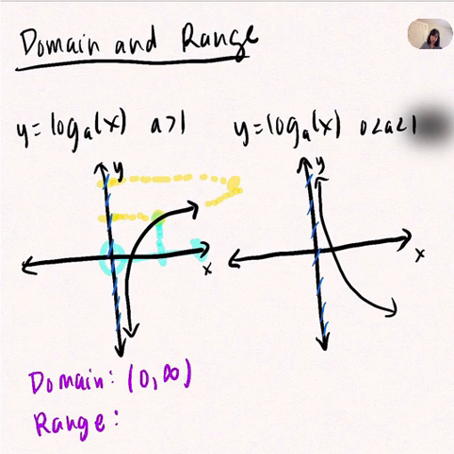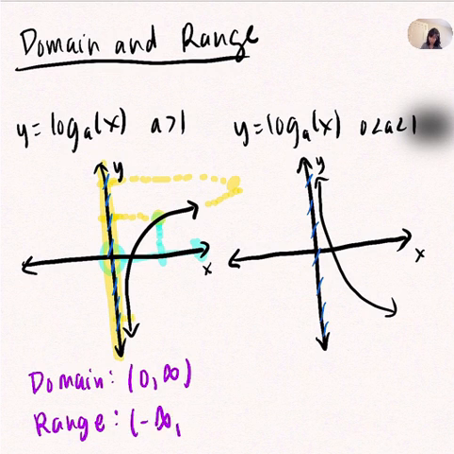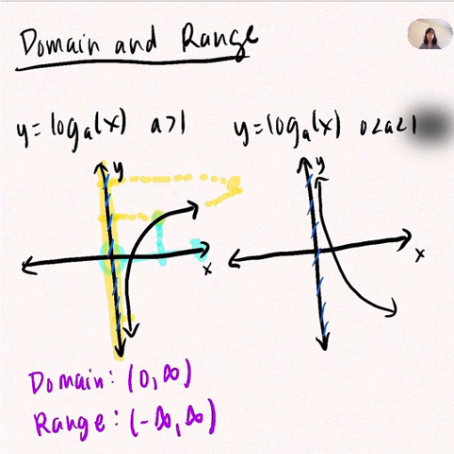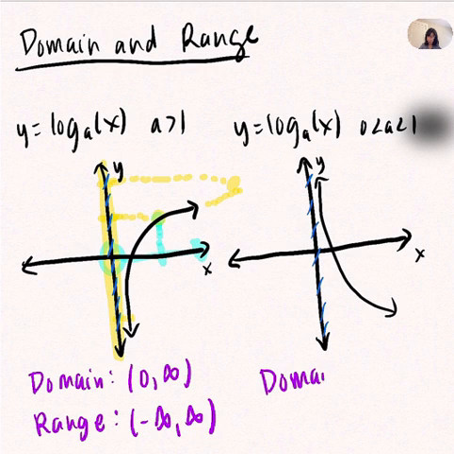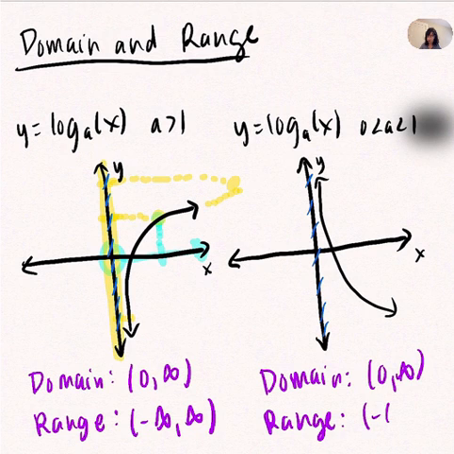So essentially, every single number on the y-axis has a point on this graph that goes with it, which tells us that the range is negative infinity to infinity, or all real numbers. Similarly, the domain of the graph on the right is 0 to infinity, and the range is all real numbers, or negative infinity to infinity.